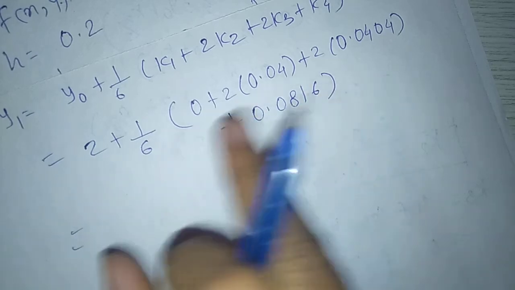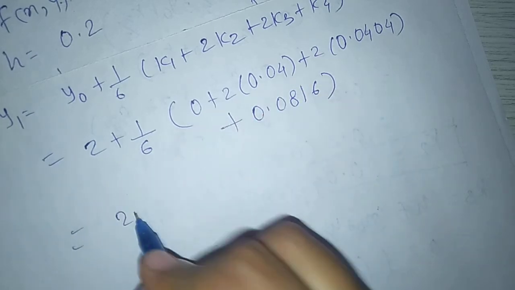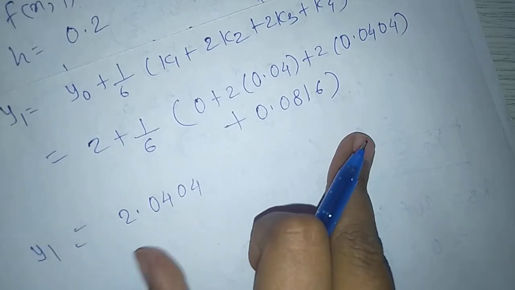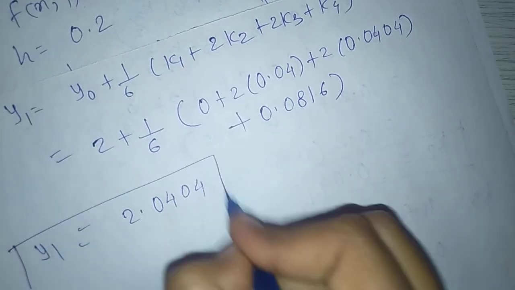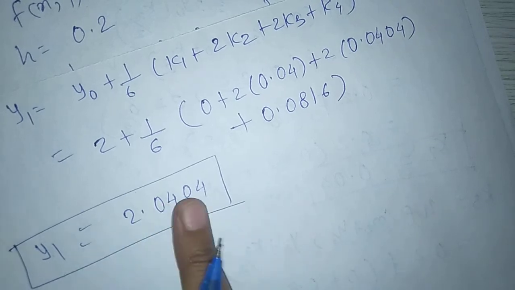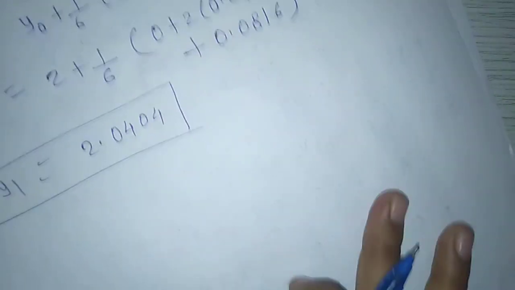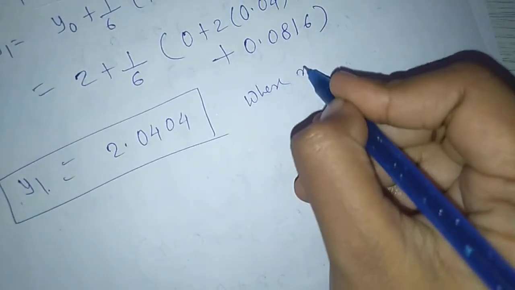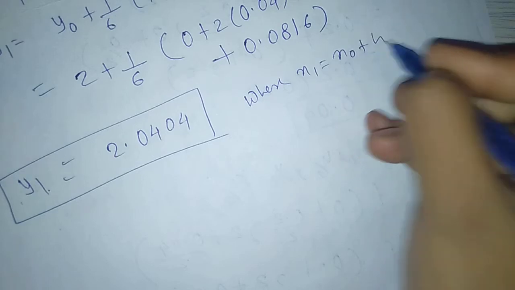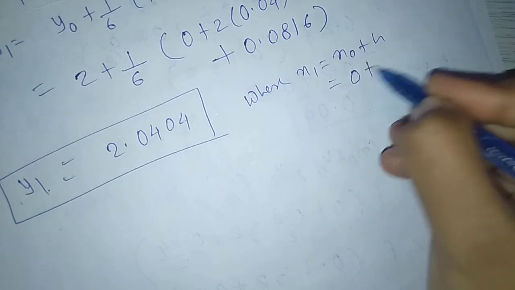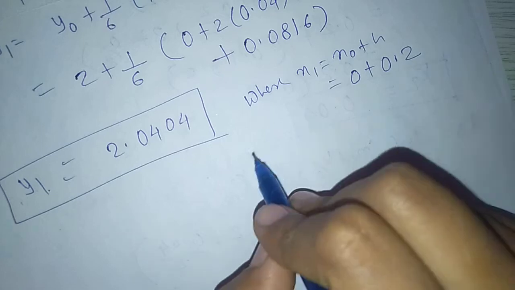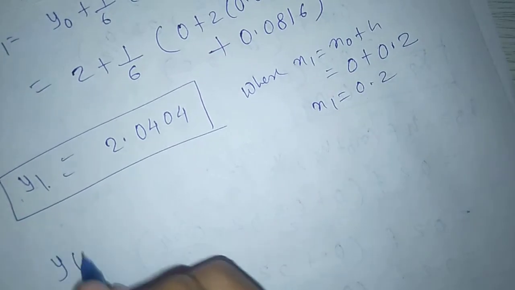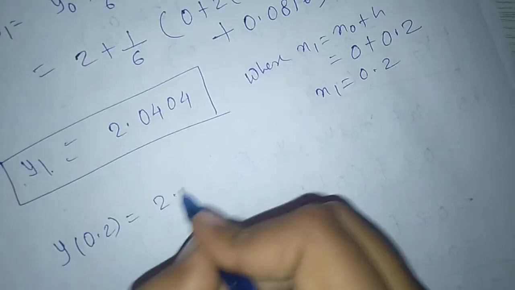After simplifying this we get y1 equal to 2.0404, which is correct to 4 decimal places. Here x1 equal to x naught plus h, x naught is 0 plus h is 0.2, means x1 equal to 0.2. So y at 0.2 we get 2.0404.